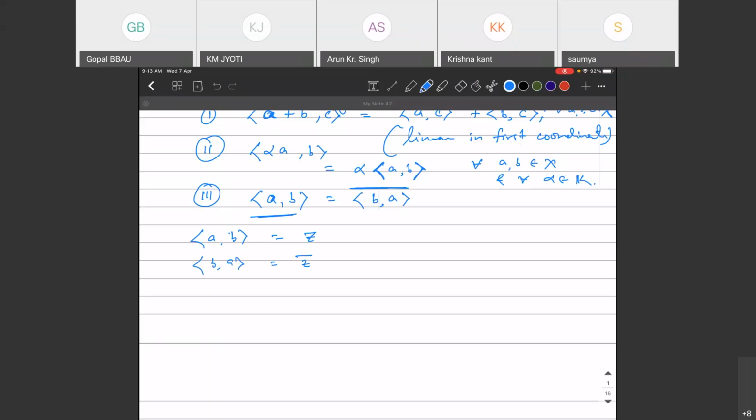So do you all know what is the conjugate of a complex number? If Z equals X plus iY is a complex number, then Z bar is X minus iY.